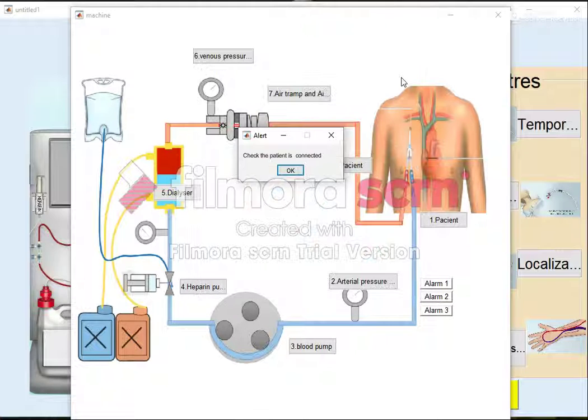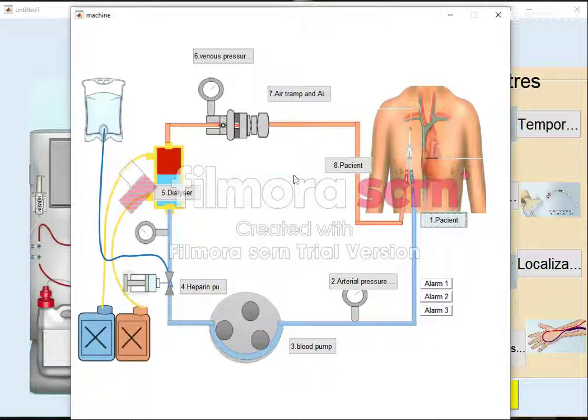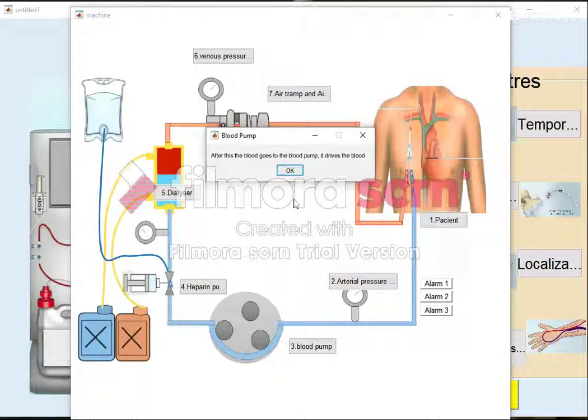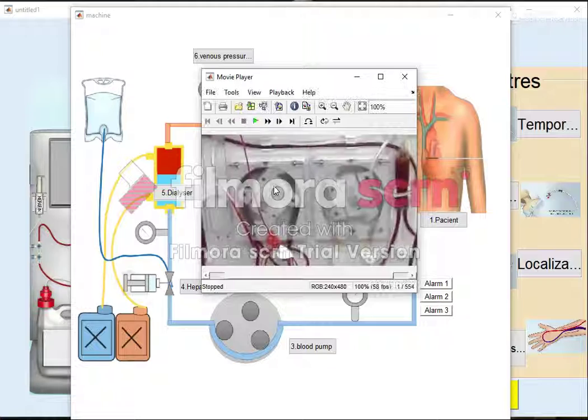We can see the second part, which is the arterial pressure. The idea is that the blood passes to the monitor. In the same way, the next is a blood pump, and after this the blood goes to the blood pump.